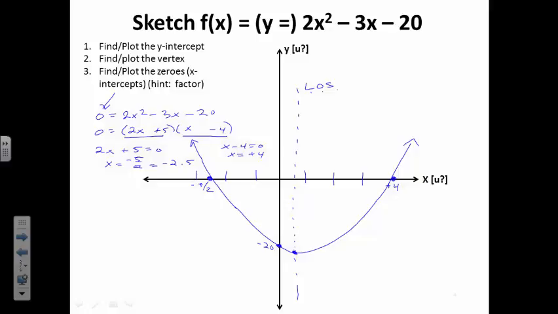So we can actually average. If we take positive 4 and negative 2.5 and divide by 2, we're going to get our vertex value of x. 4 minus 2.5 is 1.5, divided by 2 is positive 0.75.